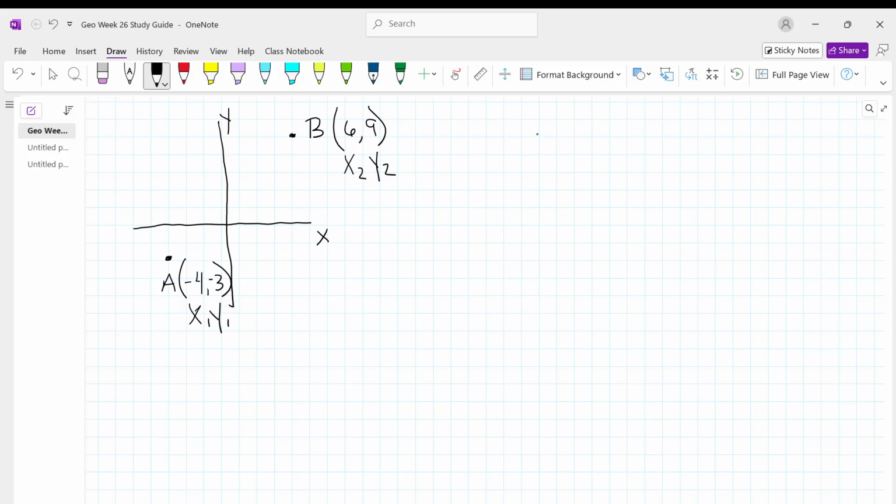So if you're not a big formula person, all right, just think of midpoint means middle. And to find the middle of two numbers, you add them together and divide by 2. So the midpoint for our x's is going to be at -4 plus 6 divided by 2. The midpoint of our y's is going to be at -3 plus 9 divided by 2.